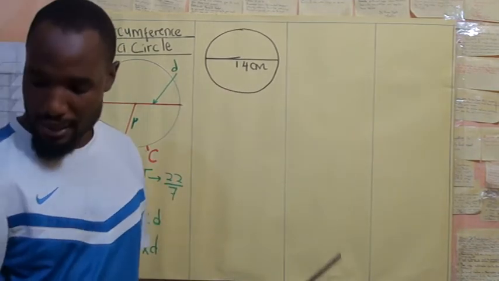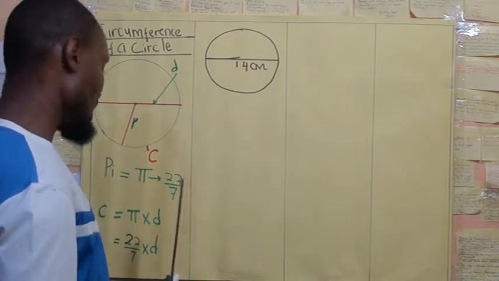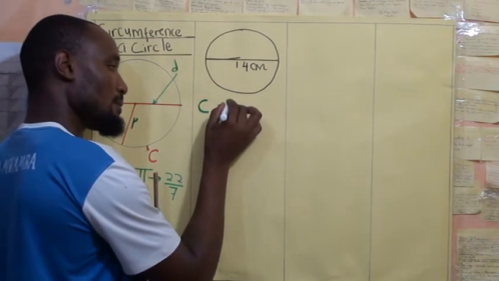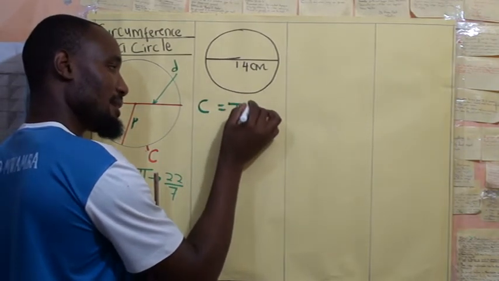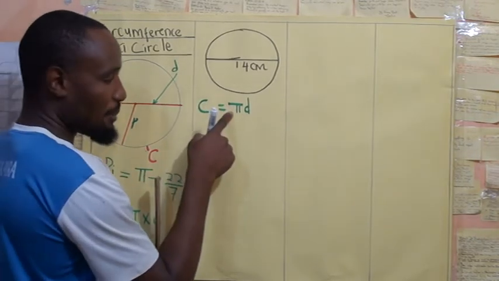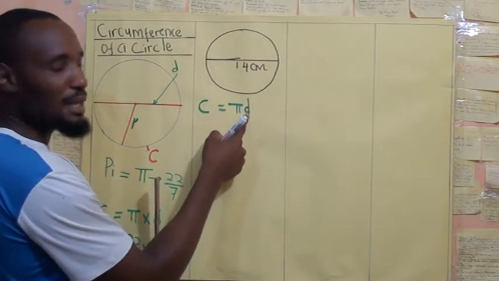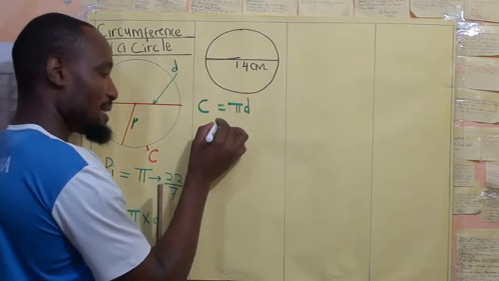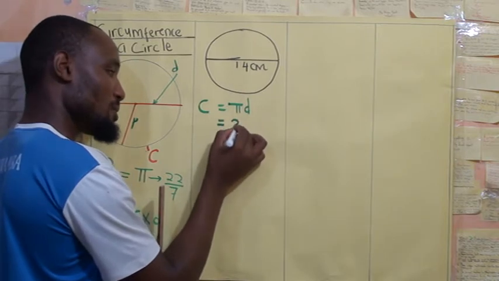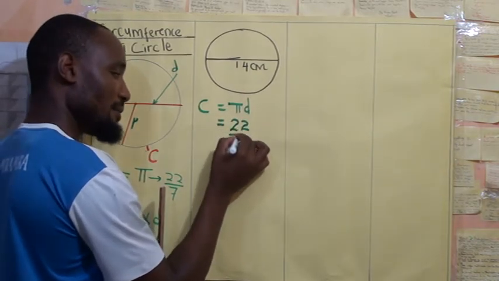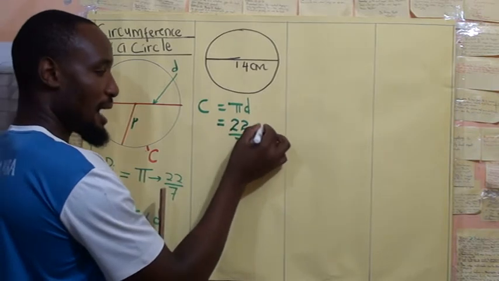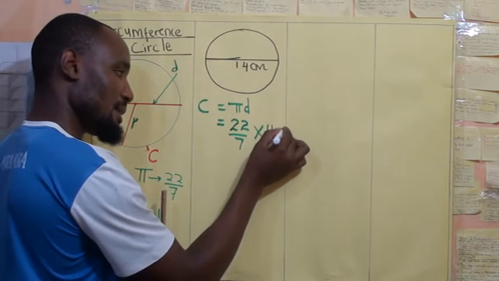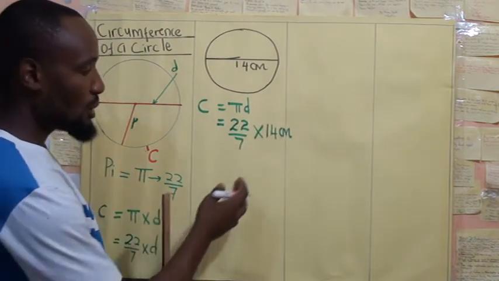How do you get the circumference? You say circumference is equal to pi times d. Now what is pi? Pi is 22/7. What is our d? Our diameter has been given as 14 centimeters.